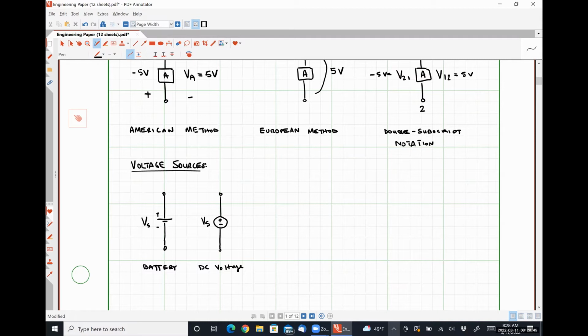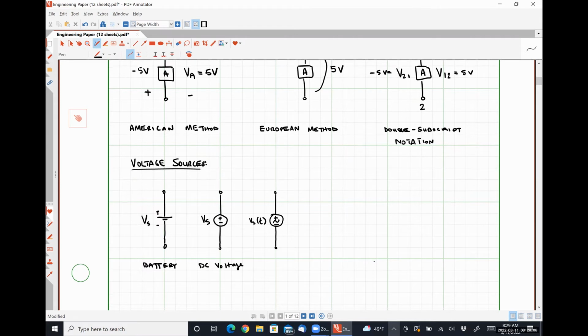Later on in this class, we will use this guy. It's effectively the exact same symbol, except that there's a little squiggle in the middle.